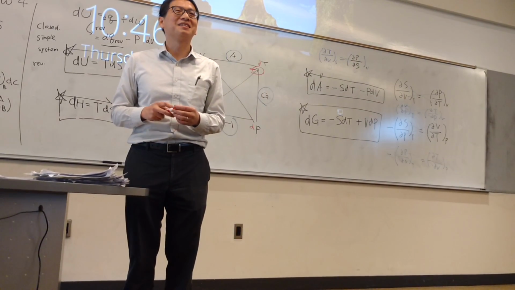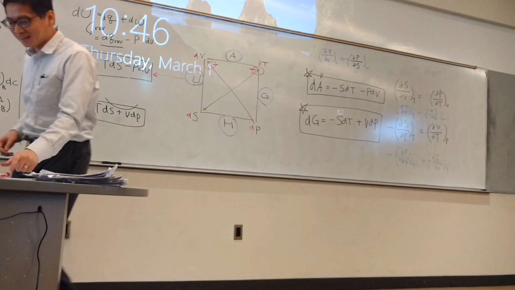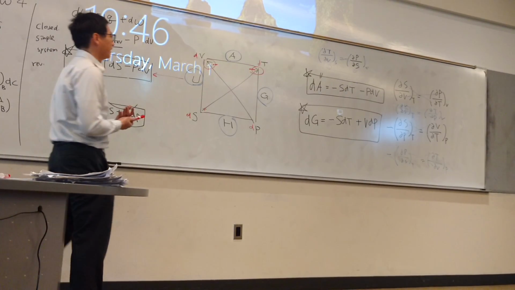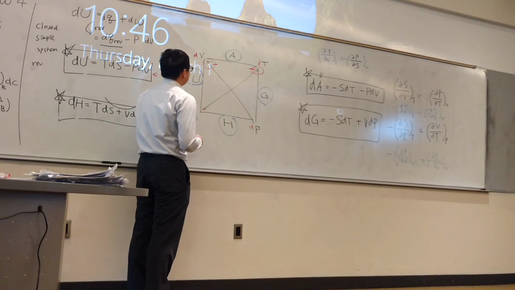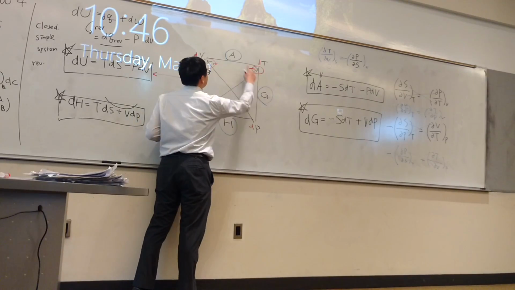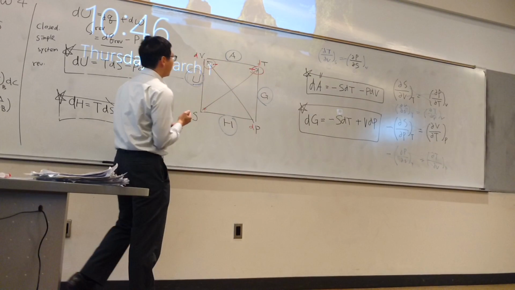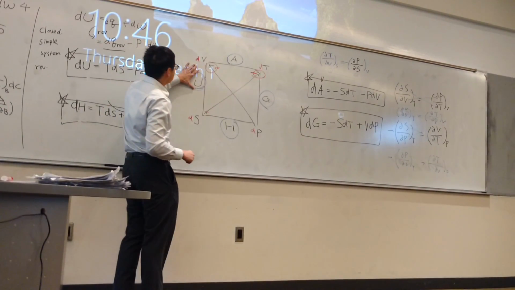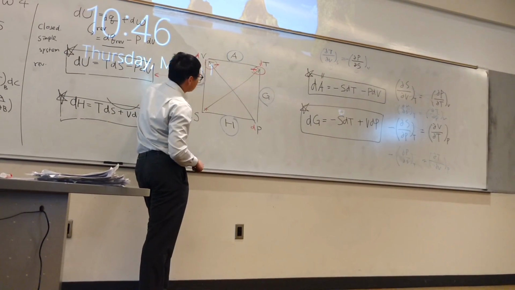Everybody gets it? Let me say it again, because this is crucial. You need this table for sure. First you need to recognize the four state functions, U, H, G, and A. They're always on the sides of this square.